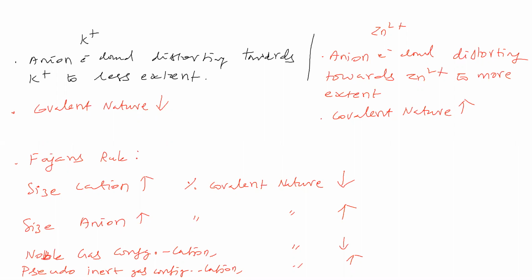From this analysis we come to know that no compound is perfectly ionic. Similarly, no compound is perfectly covalent. That means an ionic compound having 100% ionic nature is wrong. Ionic compound in the sense that ionic nature is 100% is incorrect.